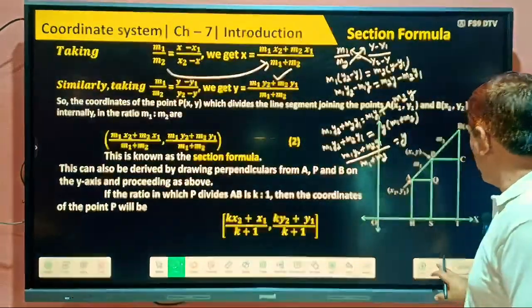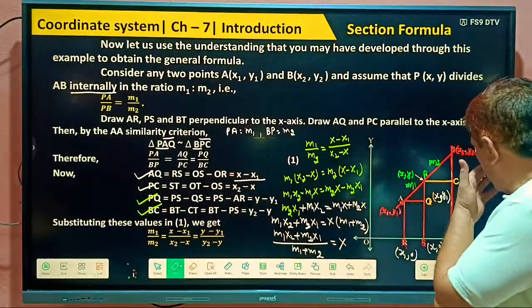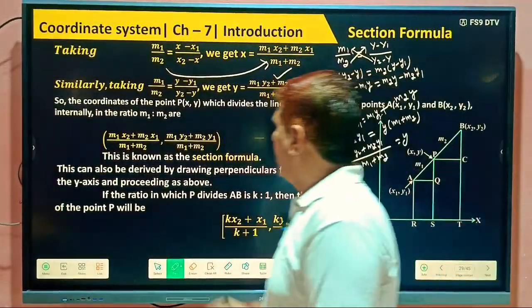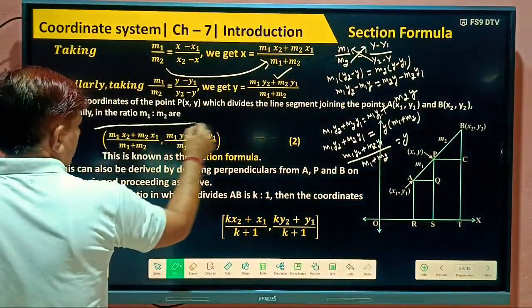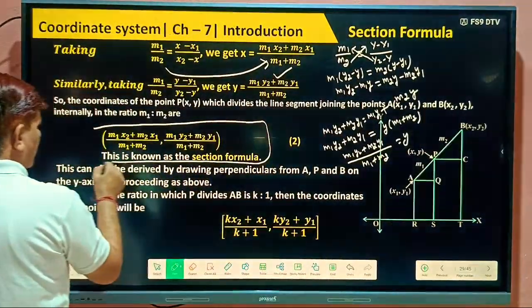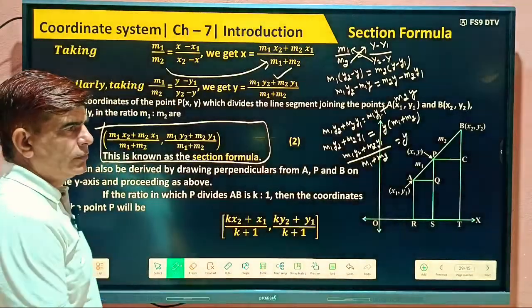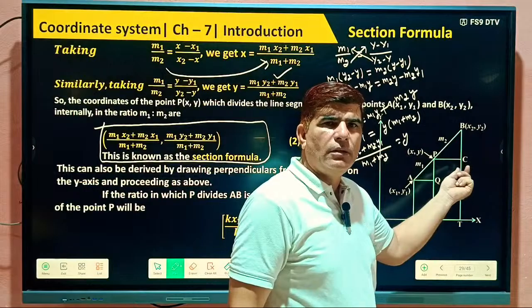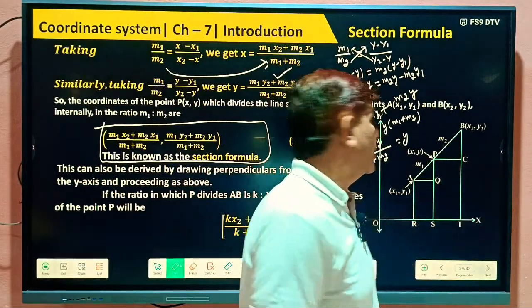So these are the coordinates if dividing in this ratio. Understood? This formula is known as the section formula, for finding the coordinate of x and coordinate of y.